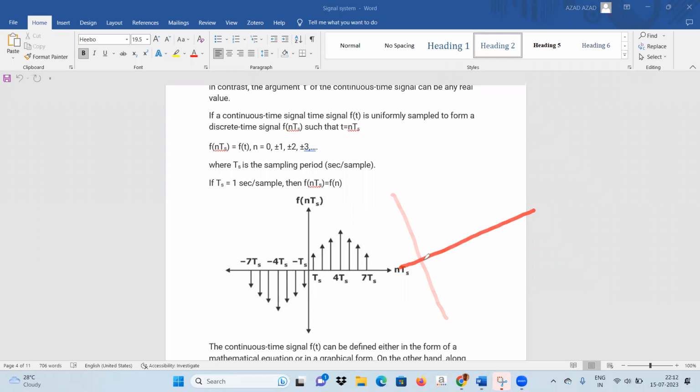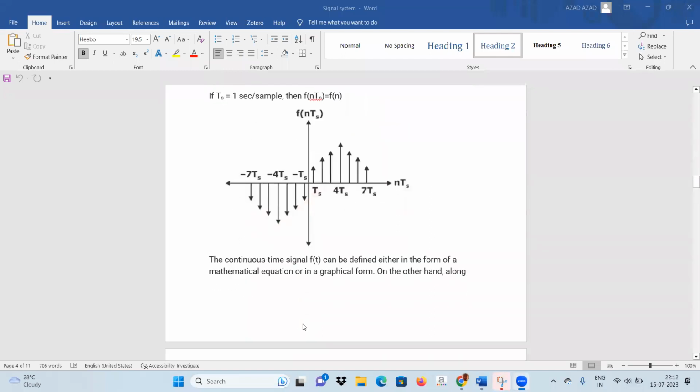You can see here, this is a sine wave, and you can make it discrete with the help of uniform sampling. After uniform sampling with sampling time Ts, you can get this discrete time signal.